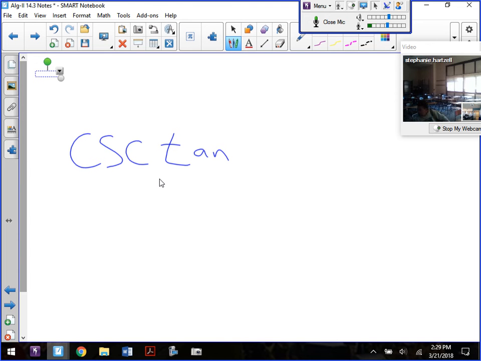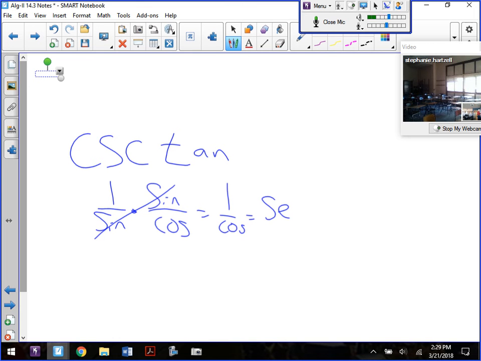So I want to rewrite them in terms of sines and cosines, which means cosecant turns into 1 over sine, and tangent is sine over cosine. And what do you get? Correct. Very good. And you just secant destroyed that problem.